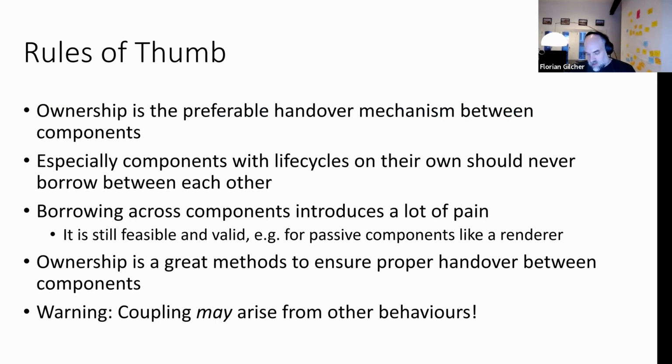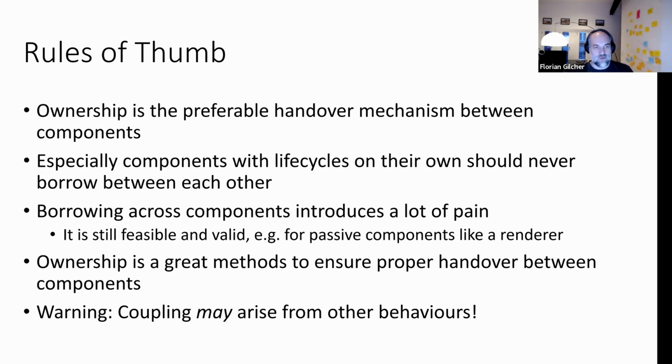And that brings me to a couple of rules of thumb. If you are dealing with a system that is larger than just essentially a module that does some stuff in memory, ownership is the preferable handover mechanism between components. And you see that in a lot of APIs in Rust. Standard's spawn takes ownership. A thread gets spawned, it takes ownership of all the data that it operates on.